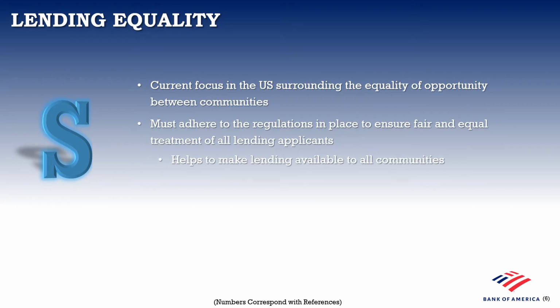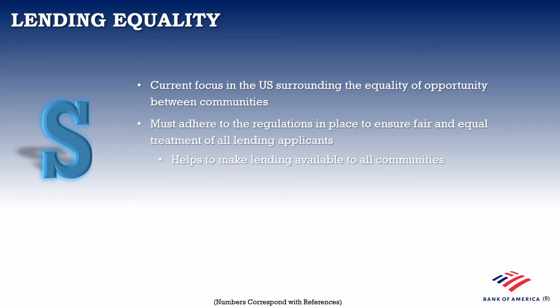But also, Bank of America has a requirement to adhere to the regulations that are designed to ensure fair and equal treatment of all lending applicants. Simply put, anytime someone wants to apply for any kind of lending scenario, they have to be given the same treatment, fairness, and consideration that any other applicant would be, regardless of their creditworthiness.